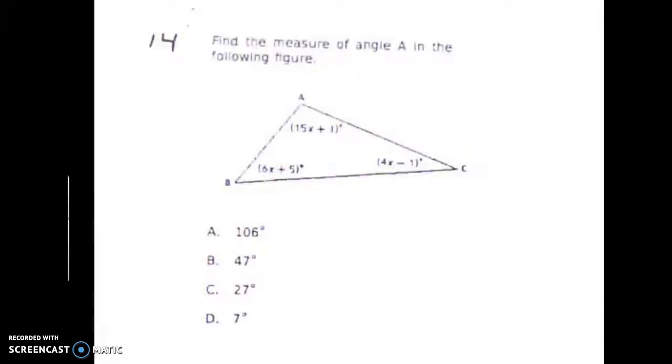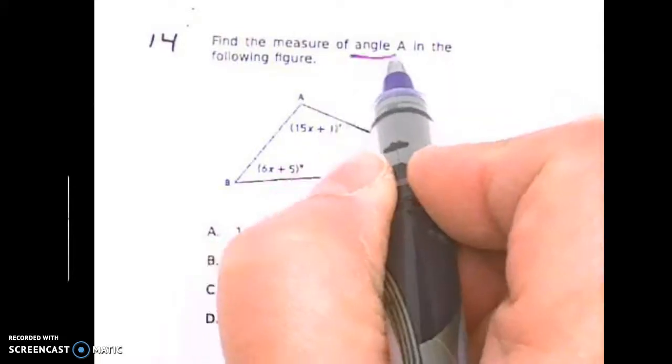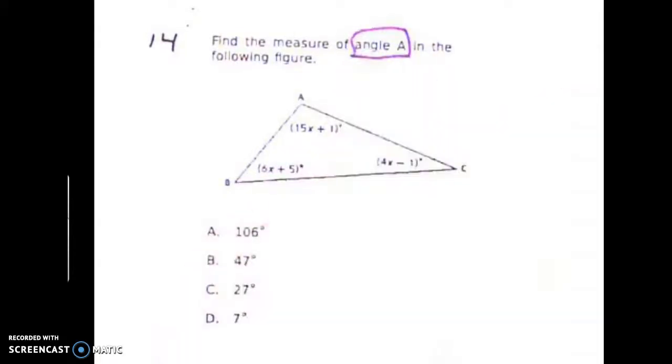Question number 14. We want to find the measure of angle A in the following figure. We're given all 3 angles with algebraic terms. We know they have to add up to be 180 degrees. So I want to add my A, B, and C together to equal 180.